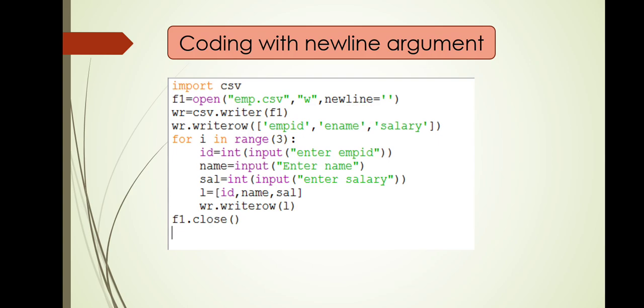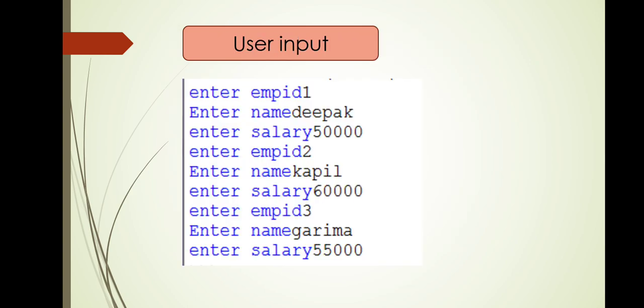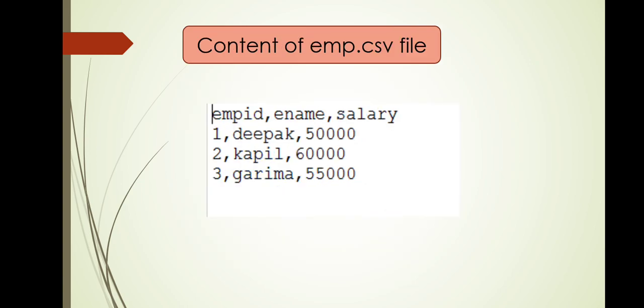Now see the effect of this. If these are my data, emp id 1, 2 and 3, now how are the contents stored in this file? See. Now no end of line translation took place, therefore no blank lines are inserted because of \n. Okay.